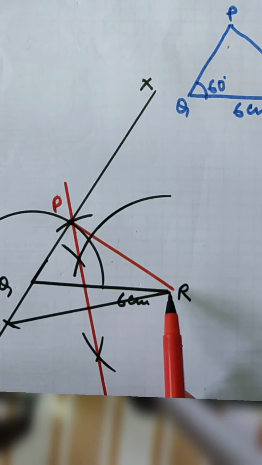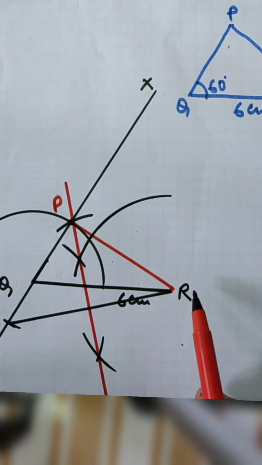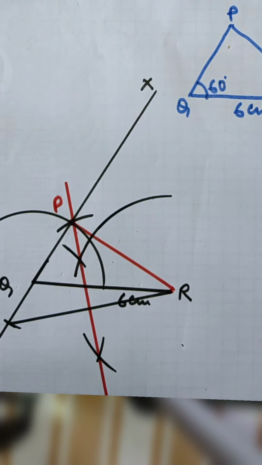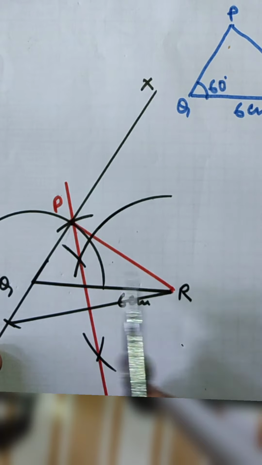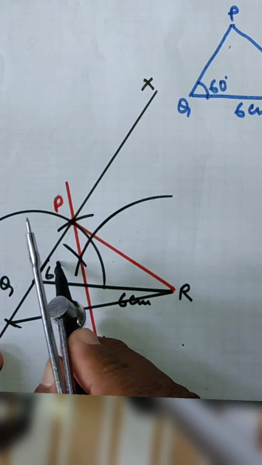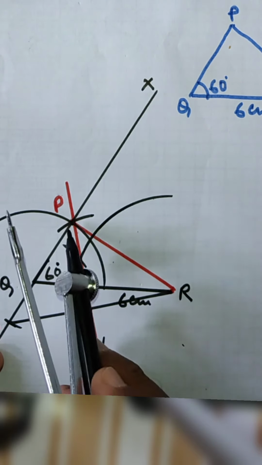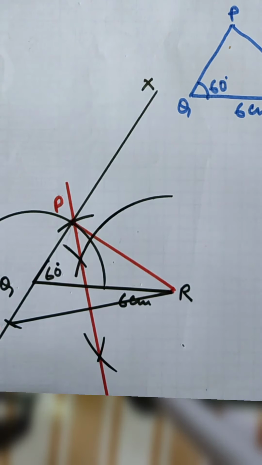So PQR is the required triangle in which QR equal to 6 centimeter and angle Q is 60 degree. Also side PR minus PQ equal to 2 centimeter.